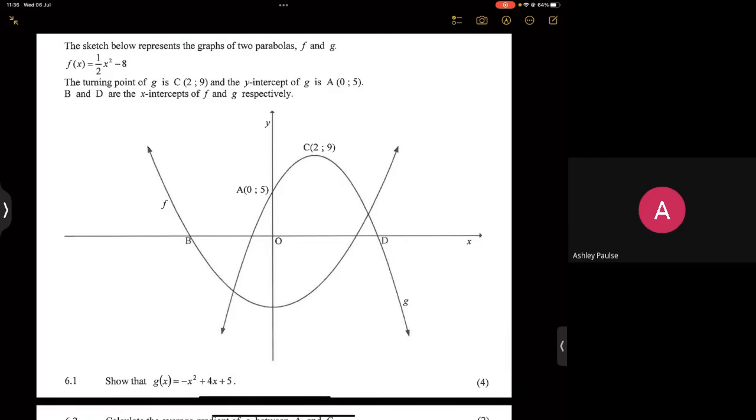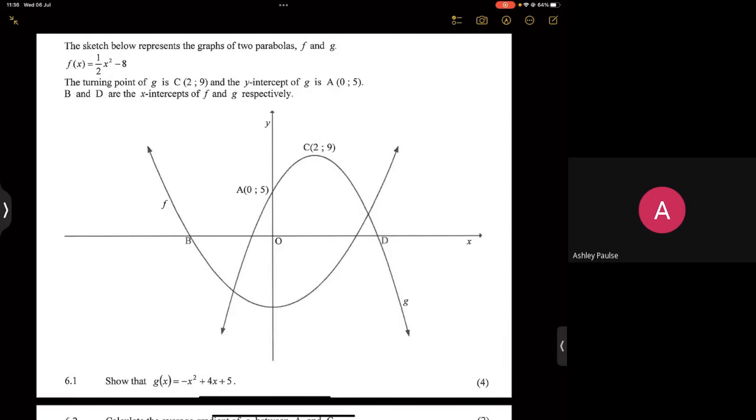They say the turning point of g is (2; 9), and the y-intercept of g is (0; 5). Okay, B and D are the intercepts of f and g respectively.